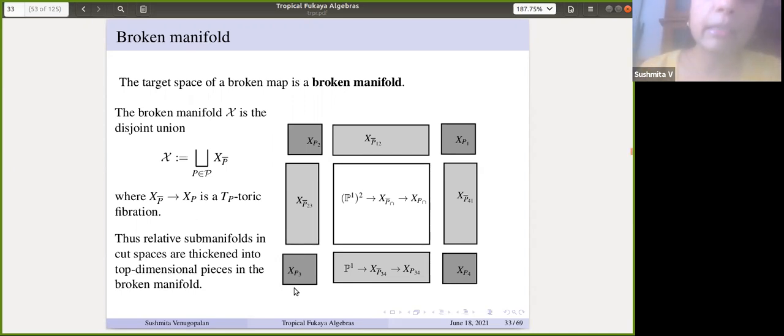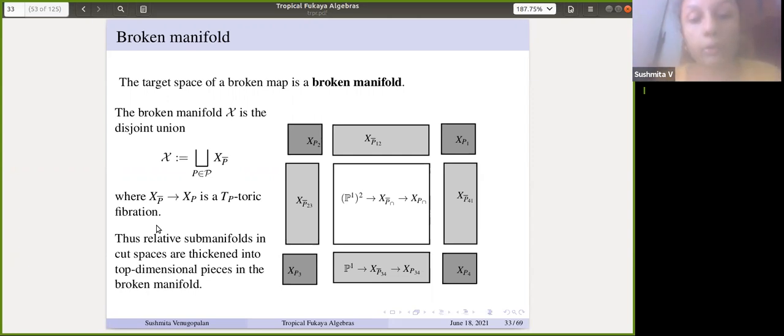And what this consists of is the cut spaces, which are the 4 dark gray ones in the corner, and corresponding to each of the divisors, we have a P1 fibration of the divisor. So these are the light gray ones. And the center one is a P1 squared fibration. So in general, each of the pieces of a broken manifold is a toric fibration, and the dimension of the torus is exactly the codimension of the space XP.